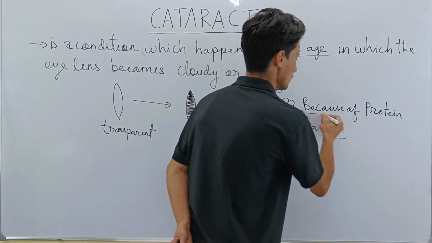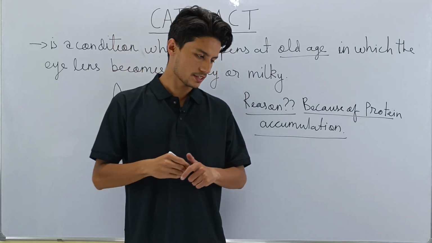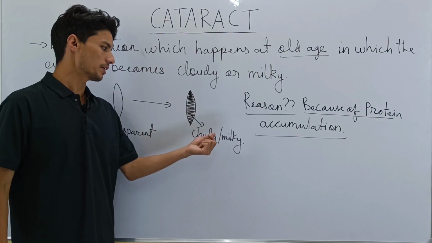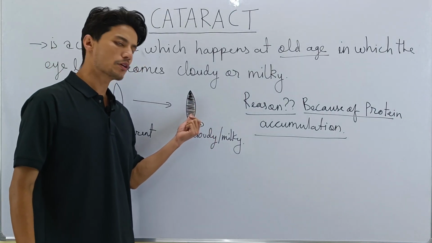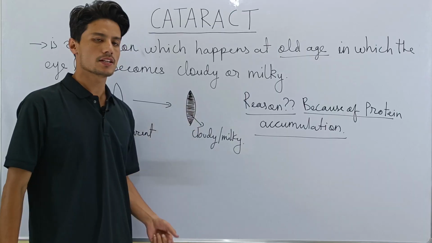Now this reason may sound odd to you, but it is true. The eye lens is becoming cloudy or milky because of protein accumulation which is taking place in the cells which make up the eye lens.